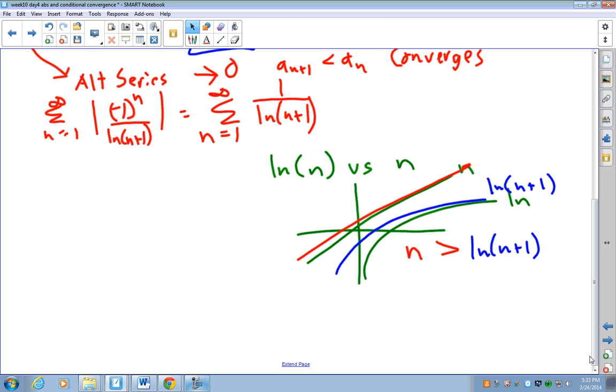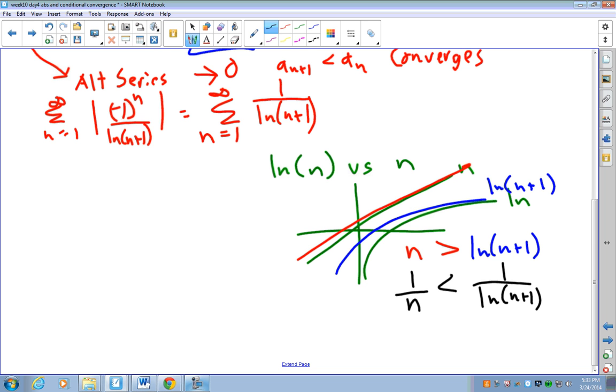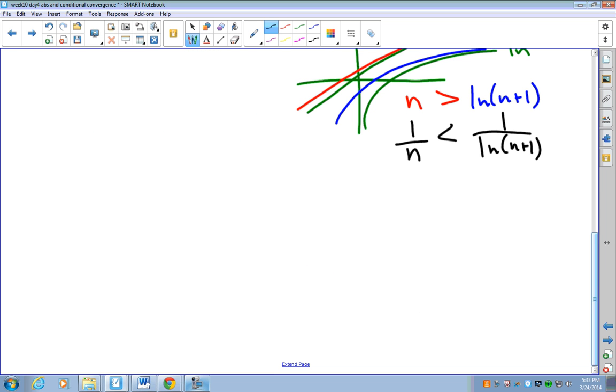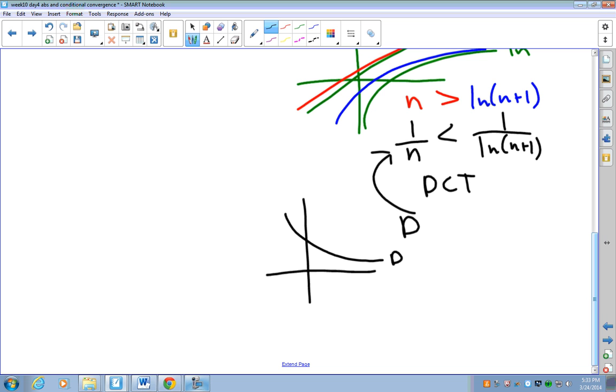So then you could say 1 over n versus 1 over ln of n plus 1. If the n is bigger, that makes it smaller as a fraction. I'm doing a direct comparison test here. This one diverges. So let's look at the picture here. He's the smaller version, and he diverges. Let me color coordinate this.